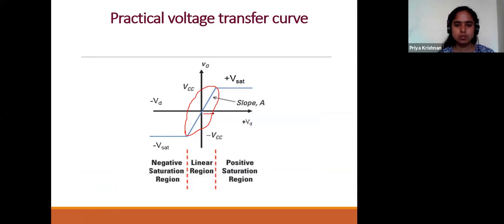Up to this small change in VD, it is releasing some outputs. Later on, it goes to the saturation state. Similarly, on the negative side also, up to this small change in input, the op-amp is responding. Then later, it goes to the saturation state.